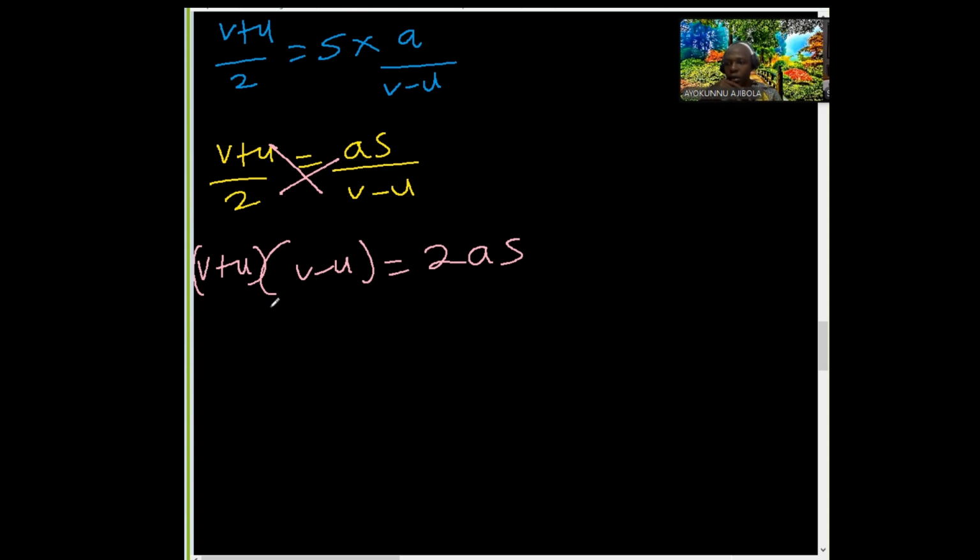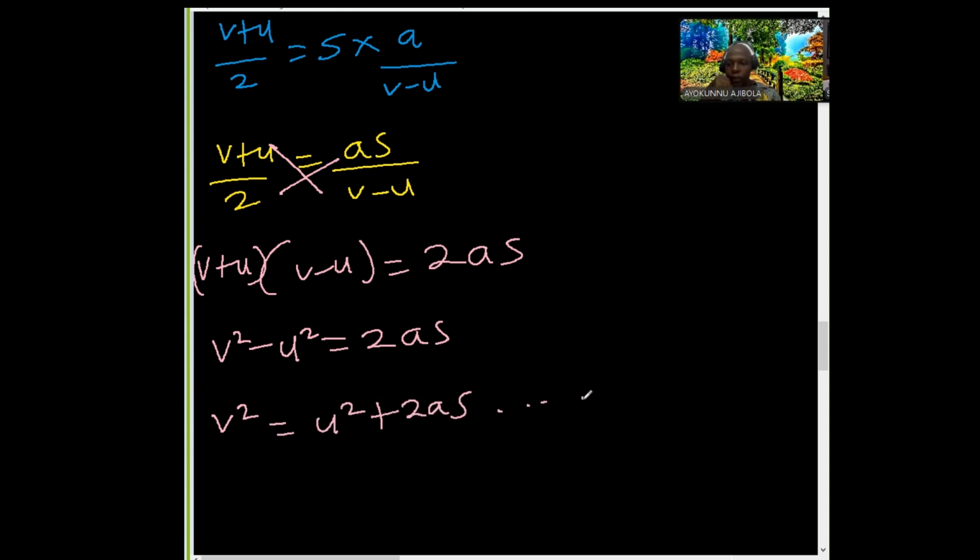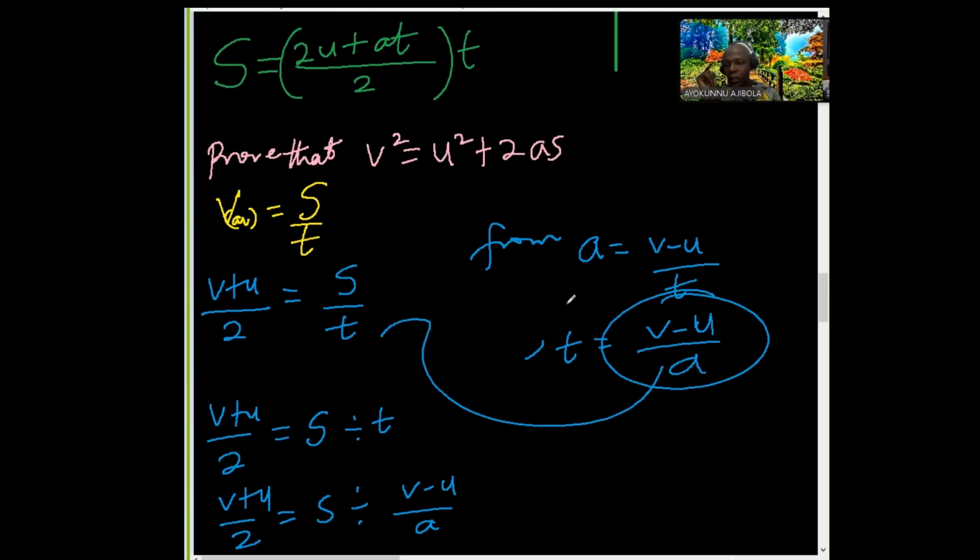Then if we expand this, we have v squared minus u squared equals 2as. Then we have v squared equals u squared plus 2as. That is the third equation, okay? Yes, sir. So you know s, you know u, and you know what a stands for. So that is how to prove.